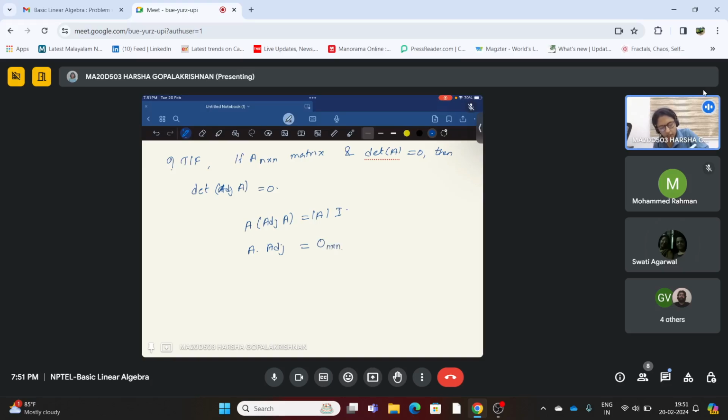Okay, then we can multiply by A inverse on both sides, but determinant of A is 0, so A inverse does not exist.